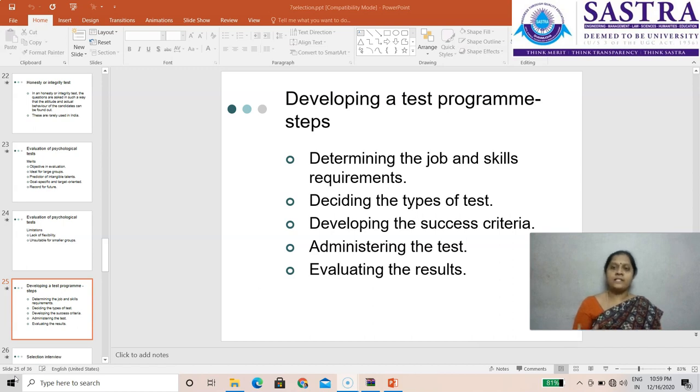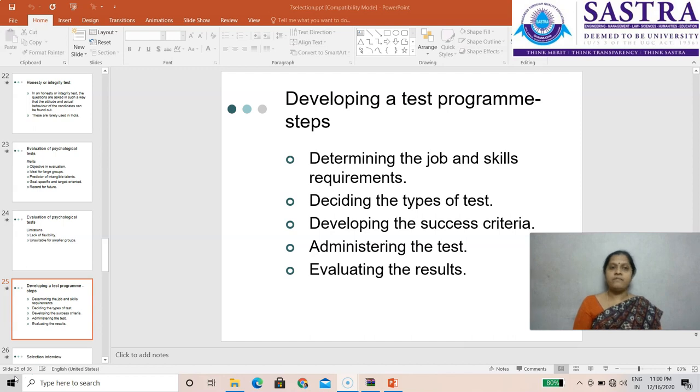We have already studied different sources of recruitment. As far as possible, the testing conditions must be normal, so that the candidate should not feel anything different. In this stage, we have to administer the test to the candidate.